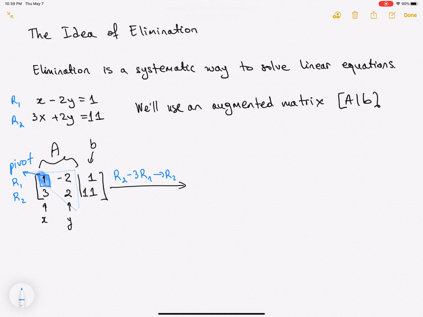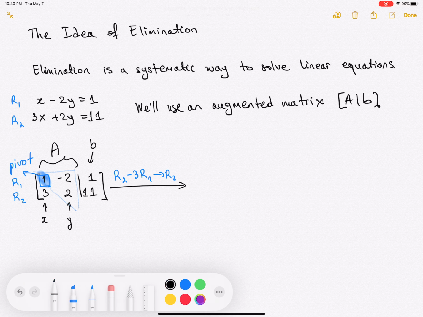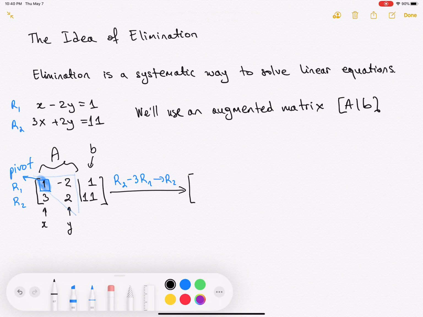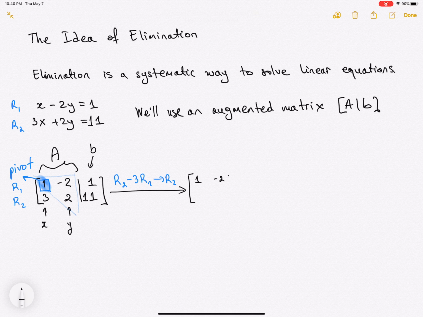Now, when I write this operation, R2 minus 3R1 into R2, what I'm saying is to replace the second equation with a linear combination of the two equations. And this is something that we have typically done in trying to solve systems. So I don't have a rule that goes into R1, which means that I'm going to keep R1 as is. So I'm going to keep the first row of the system just the way it is.